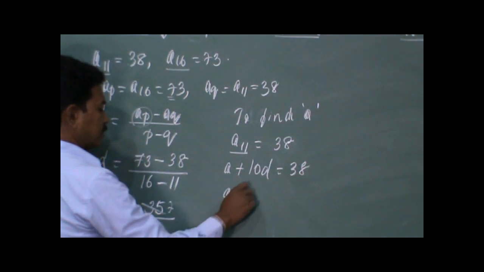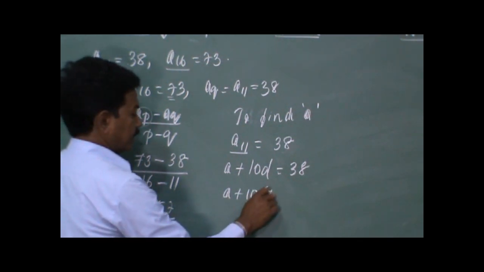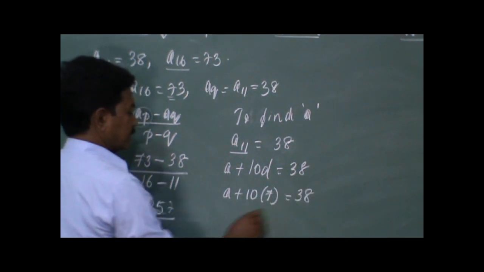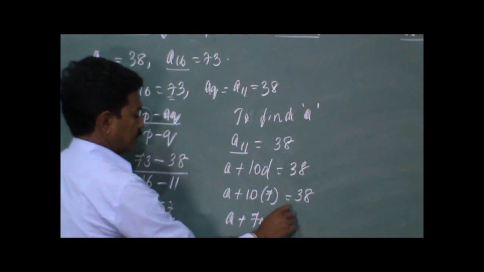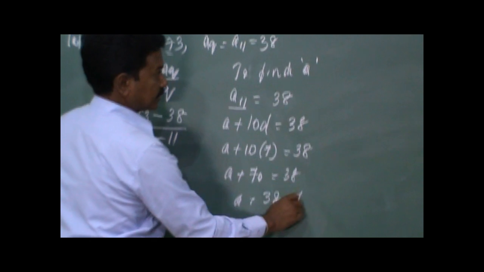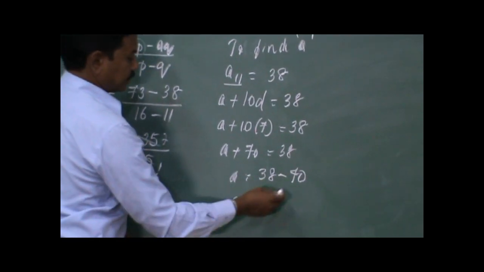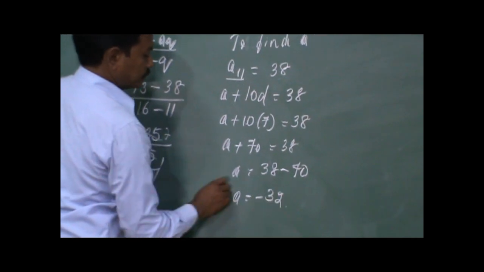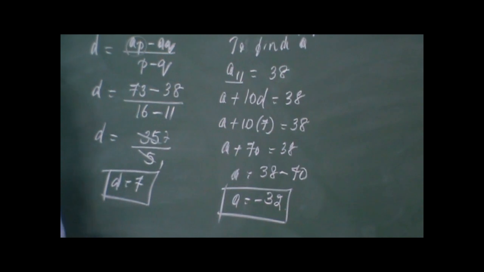So A plus 10 into the D value, which is 7, is equal to 38. So A plus 70 is equal to 38. So A is equal to 38 minus 70. So we get A is equal to minus 32. The value of A is minus 32.